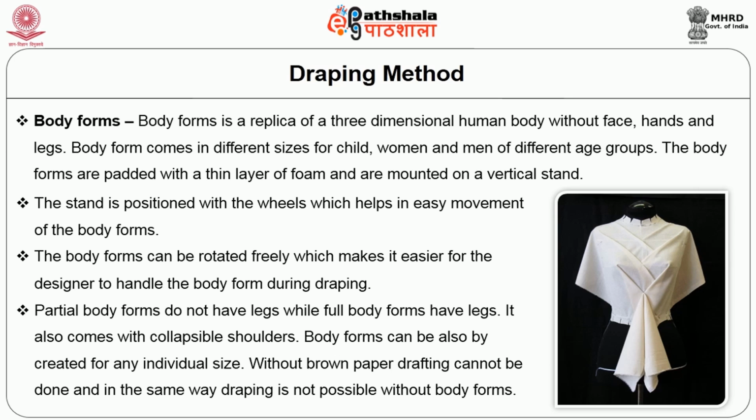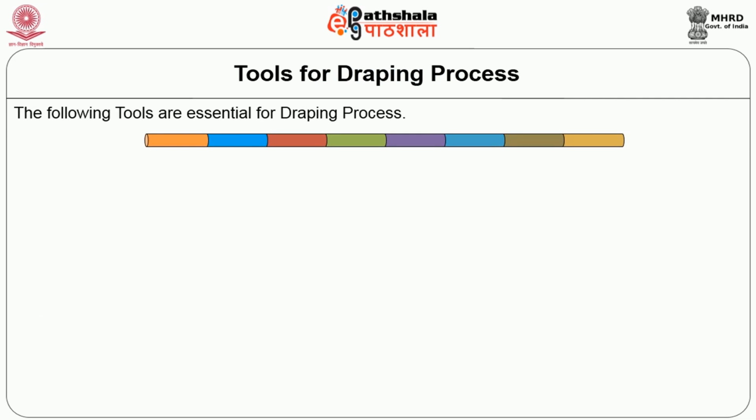Body forms can also be created for any individual size. Without the brown paper, drafting cannot be done, and in the same way, draping is not possible without the body form. It is very important to know about the essential tools that is needed for the draping process.